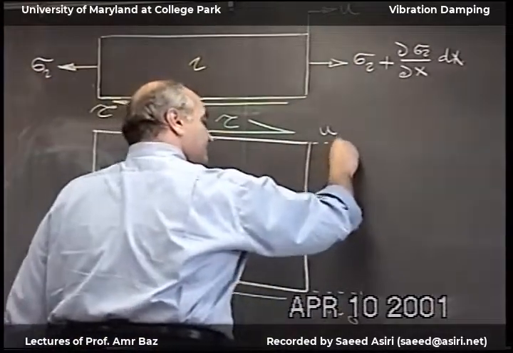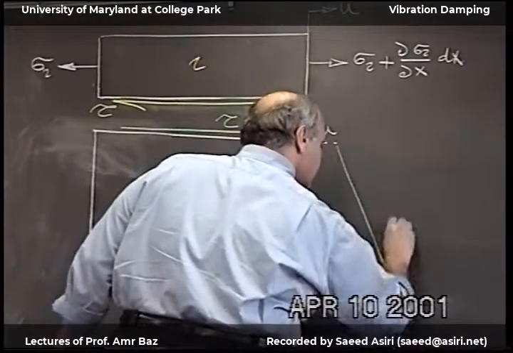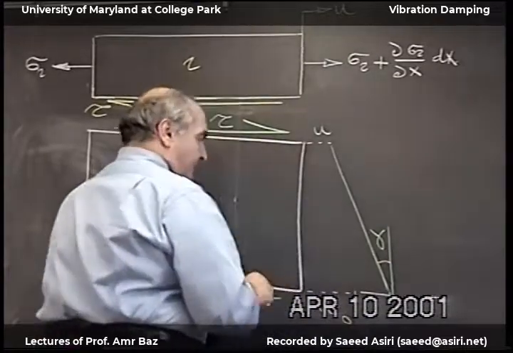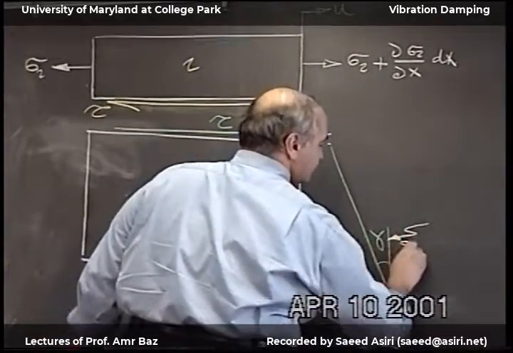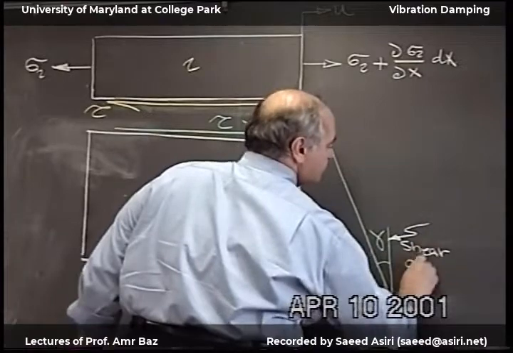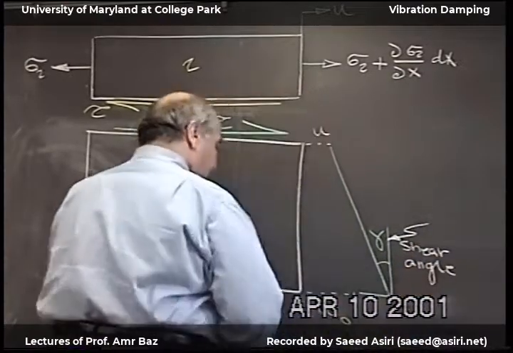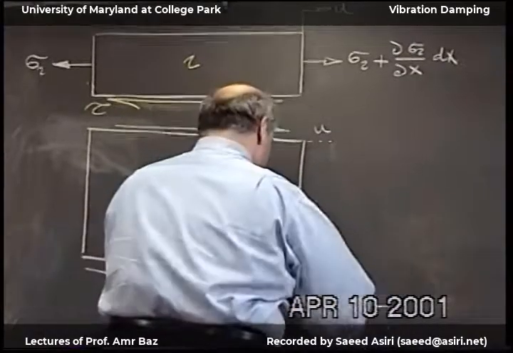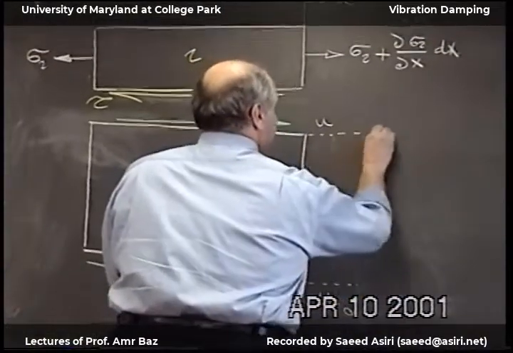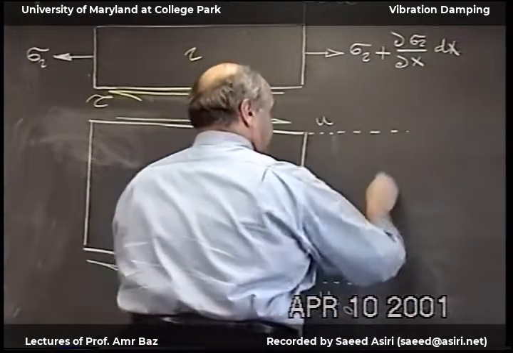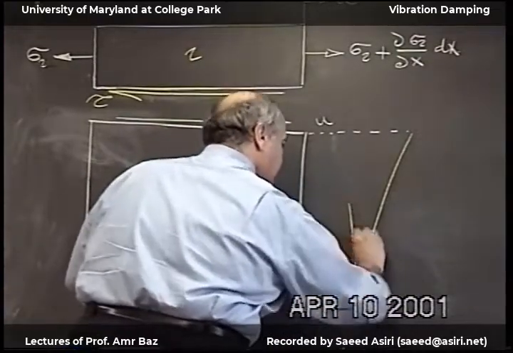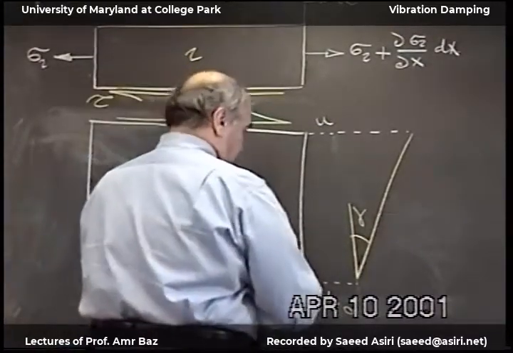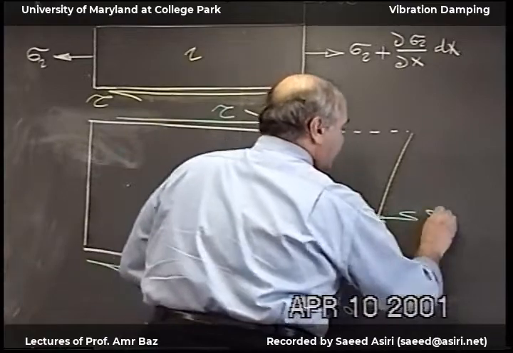And then the difference between these two is the shear angle gamma. I'm going to make it like this, so it will be positive gamma. And this is my shear angle.